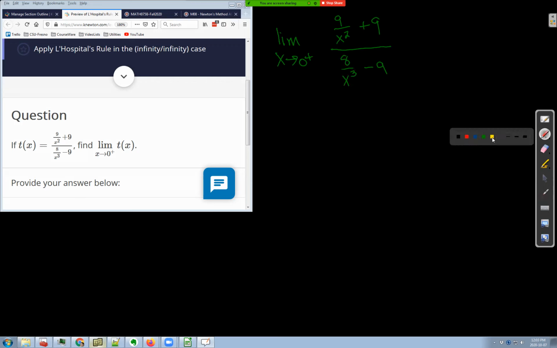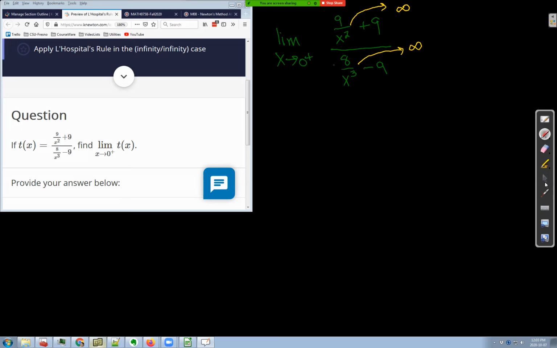And actually, if you think about what that means, as x gets close to 0, this fraction is gonna head off towards positive infinity. And same thing with this fraction, that's gonna head off to positive infinity.